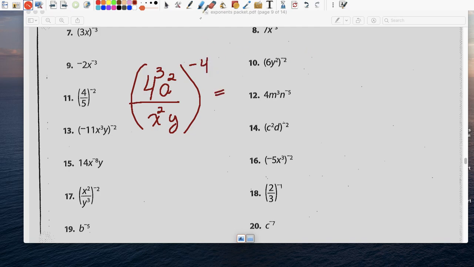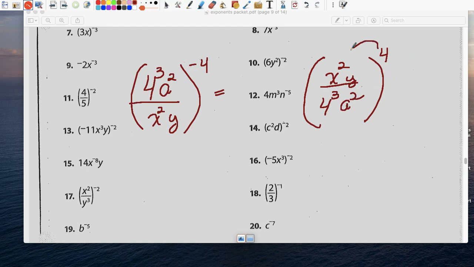Option 1, take care of this negative 4 and make it positive. So the negative 4 is going to become 4. But if you do that, the numerator and denominator have to change position. The denominator becomes the numerator, and the numerator becomes the denominator.